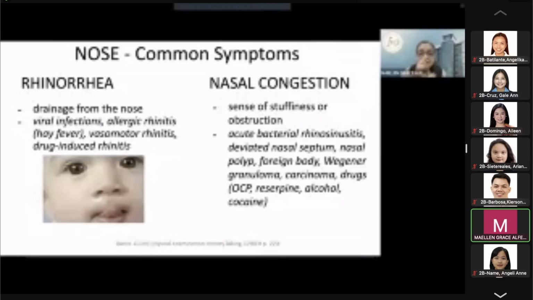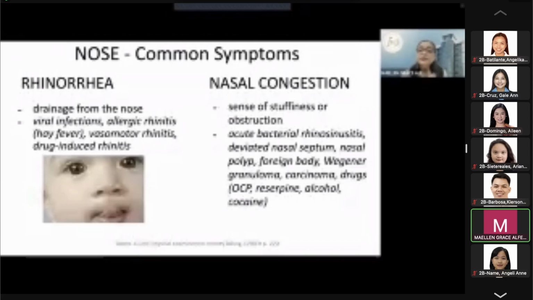Now, viral infections and allergic rhinitis or hay fever usually have watery nasal discharge, as well as vasomotor rhinitis and drug-induced rhinitis. The rhinorrhea or drainage of the nose can be accompanied by nasal congestion.